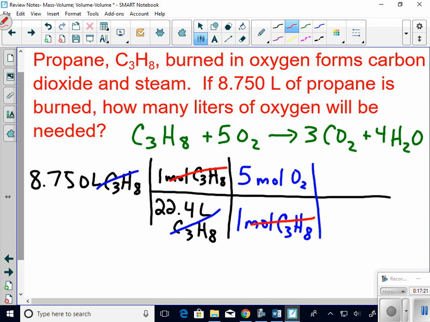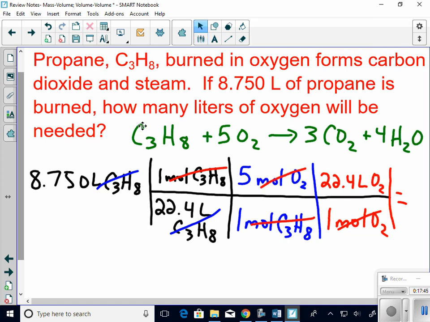My moles of propane cancel out. I've now converted that into moles of oxygen. I don't want moles of oxygen, I want a volume. So 1 mole of oxygen, 22.4 liters of oxygen. My moles cancel.